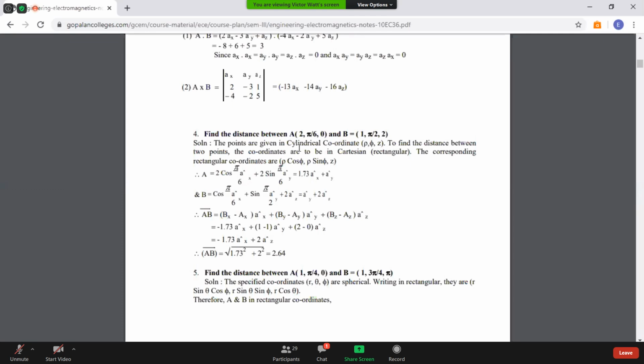The conversion from Cartesian to cylindrical is as follows.